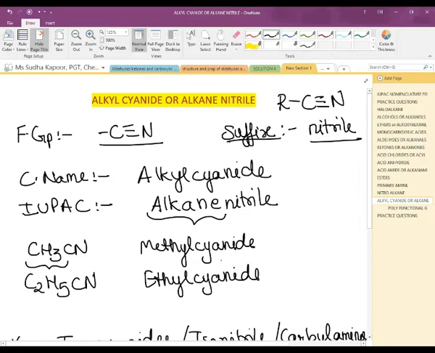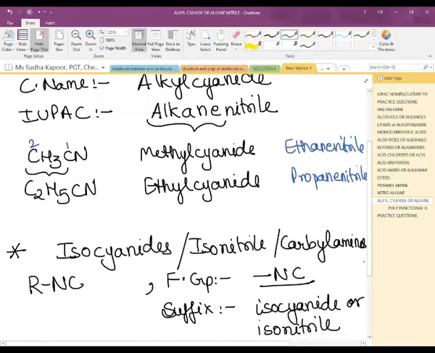For the IUPAC naming, we give the nitrile suffix and count the total number of carbons. So in the first example, the name becomes ethanenitrile. In the second case, there are 3 carbons in total, so we call it propanenitrile. This is about cyanides, where the linkage is from C.